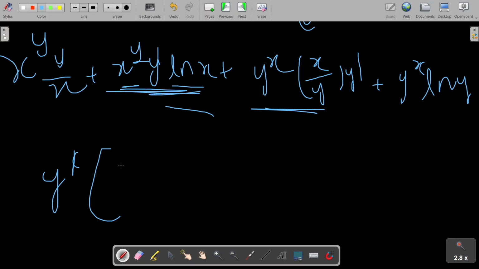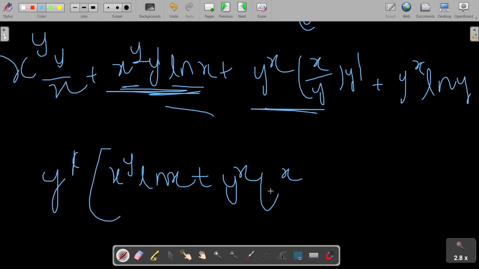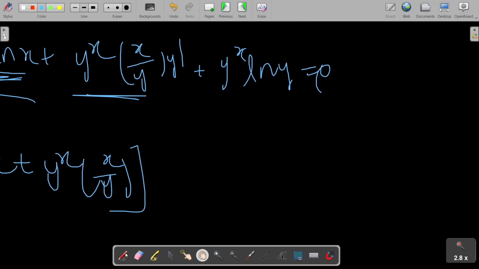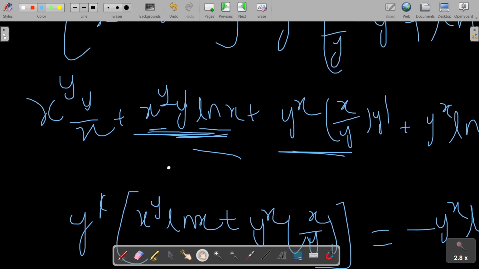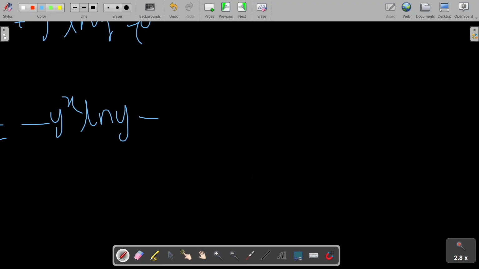Only these two terms have y prime in common, so I get y prime times x power y ln x plus y power x into x by y. Sending the other two terms to the right side, I get minus y power x ln y minus x power y times y by x.